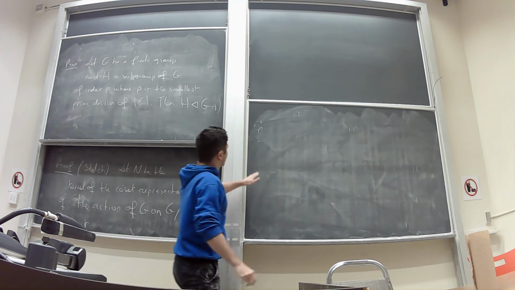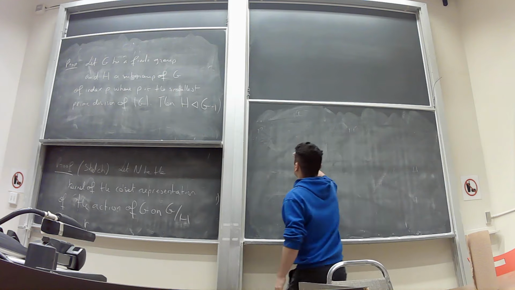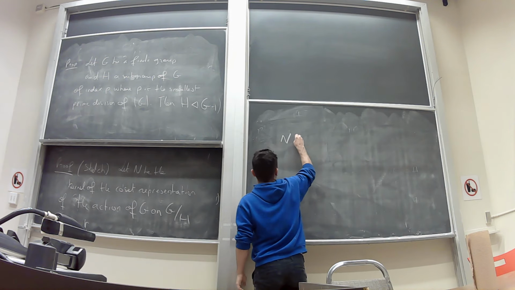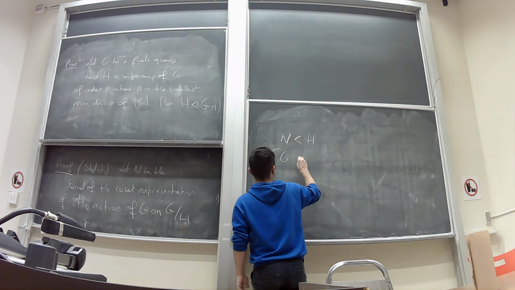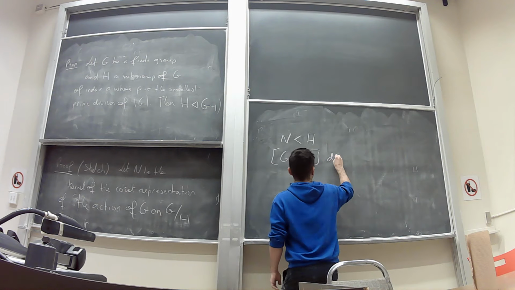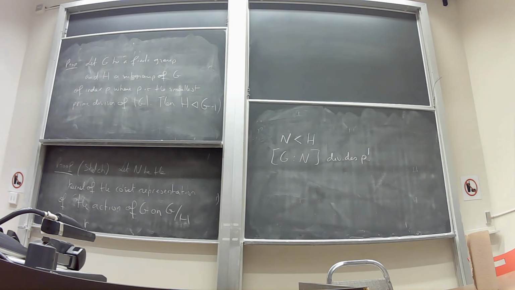Now, we know that N is a subgroup of H, and the index of N divides P factorial, by the previous theorem.